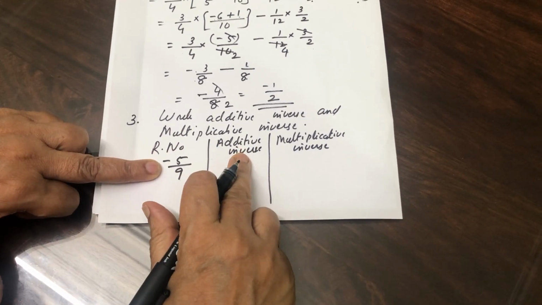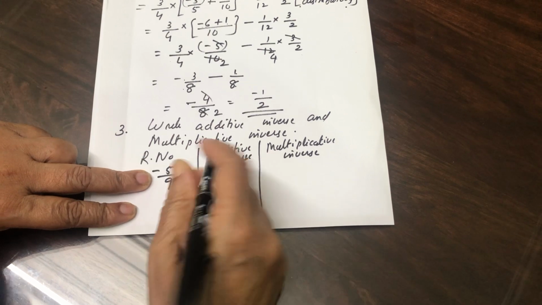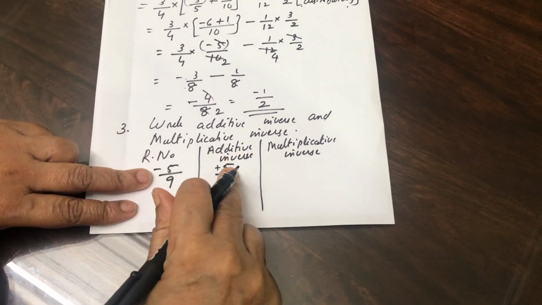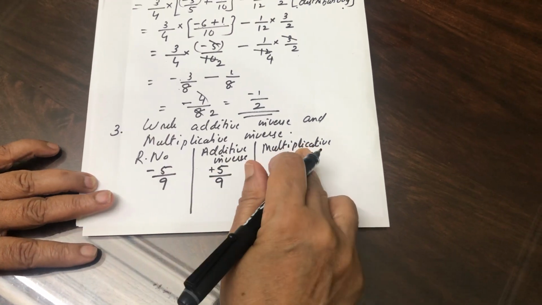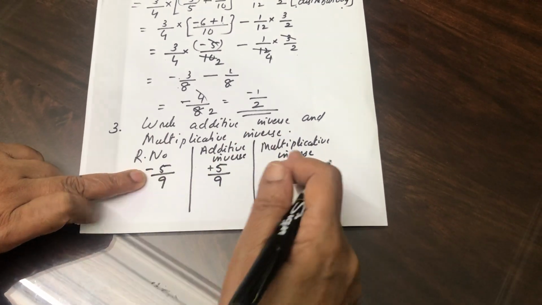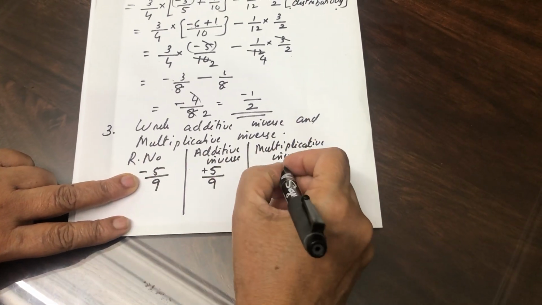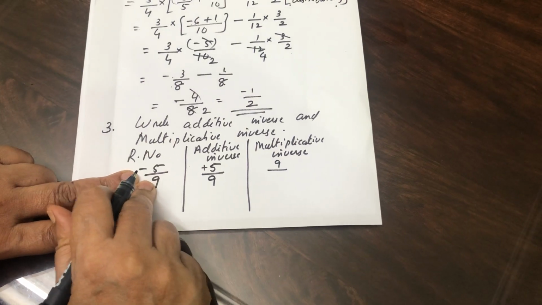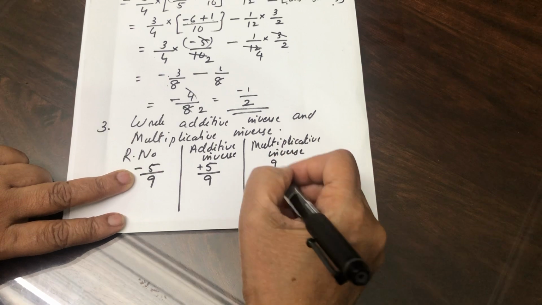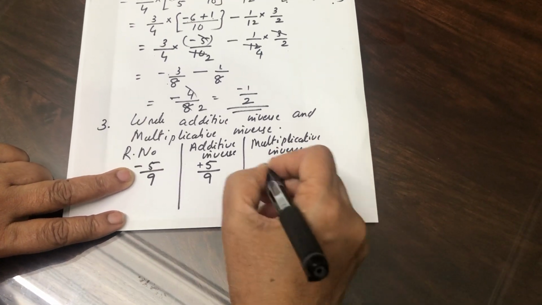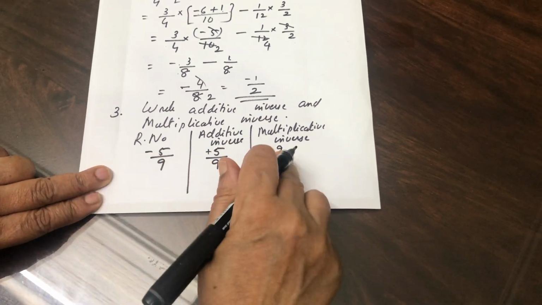That is its additive inverse: 5 by 9. When you add these two, you get 0. And multiplicative inverse, when you multiply this number with its multiplicative inverse, you have to get the product 1. So here it is the reciprocal of this number, that is 9 by 5. Minus, you can write it on the top also, down also. Therefore, you can write minus 9 by 5. So this one is the reciprocal of this.